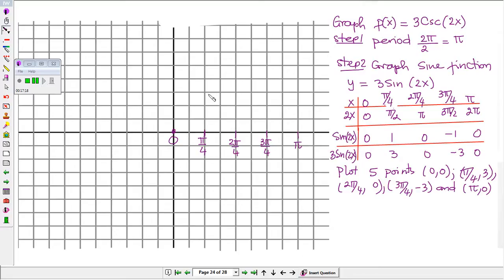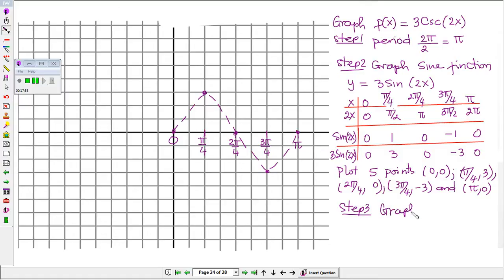So we plot the points now: 0, 0; pi over 4, 3; 2 pi over 4, 0; 3 pi over 4, negative 3; and pi, 0. So this is the graph of sine. Now we don't want the graph of sine itself, so we connect the points with dashed curves, because that will be the guideline for us to graph our cosecant. So we're done with step 2. We graphed the sine function.